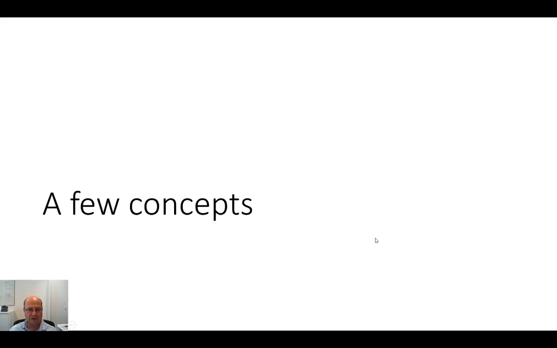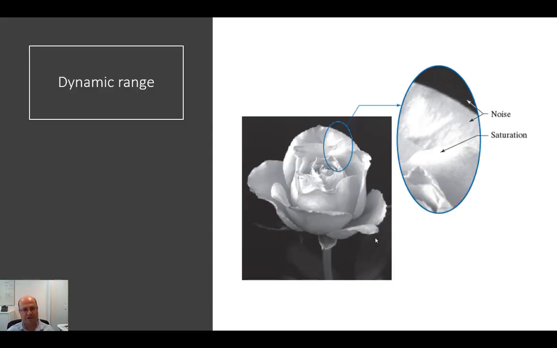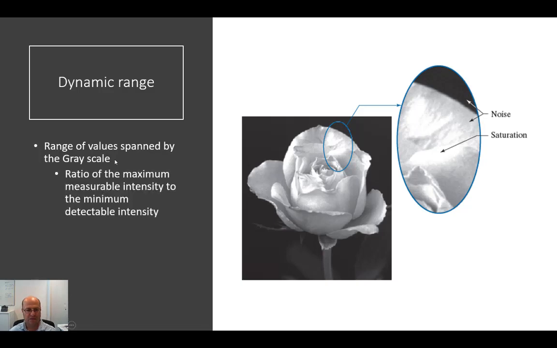And a few important concepts. First one is the dynamic range. You're going to hear about noise and saturation forever if you haven't heard it before. The dynamic range is basically the range of values spanned by the gray scale.